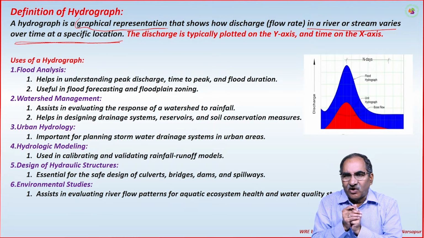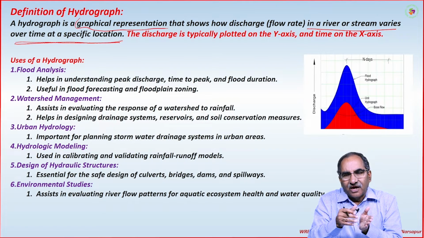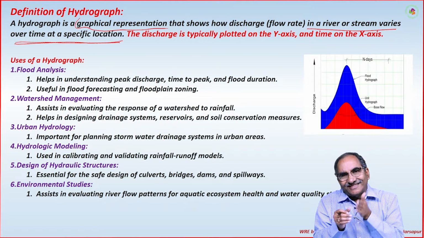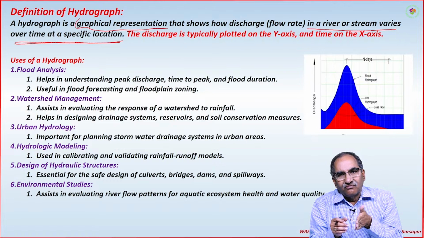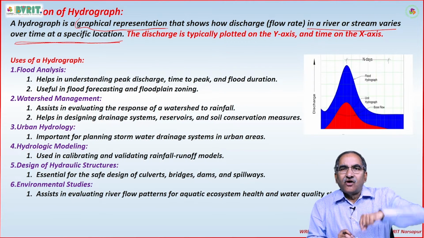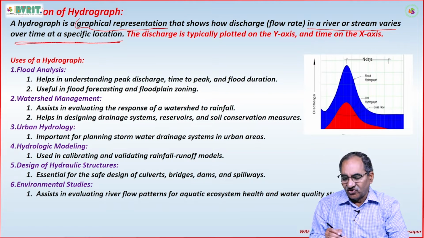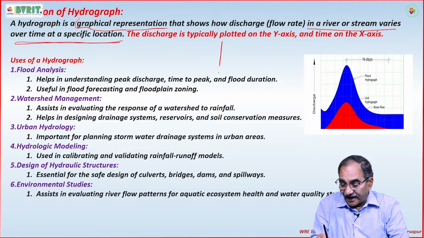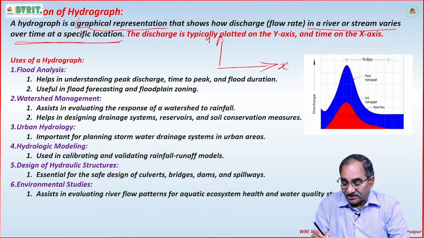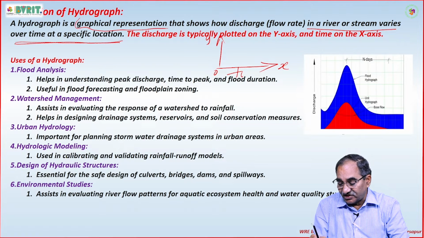We take an outlet point of a stream, and at that outlet if you start gauging it, measuring it with time, how the discharge varies, that is what we call a hydrograph. Again remember, this is the x-axis, this is the y-axis; x-axis is time, y-axis is discharge, which is the flow rate.